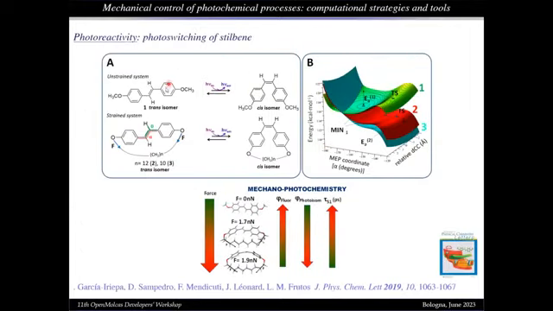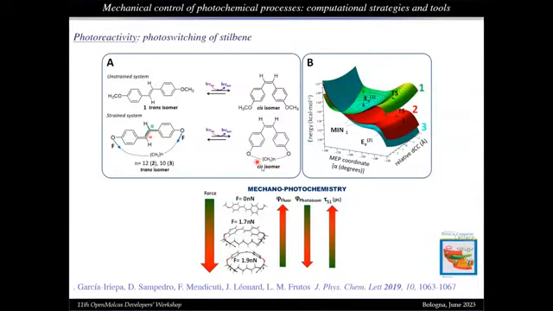In the case of stilbene, we made an experimental and theoretical study. In this case, the forces are applied using force probes. So we have this system, the stilbene molecule, and we attach to it different chains of different lengths with different numbers of CH2 units.